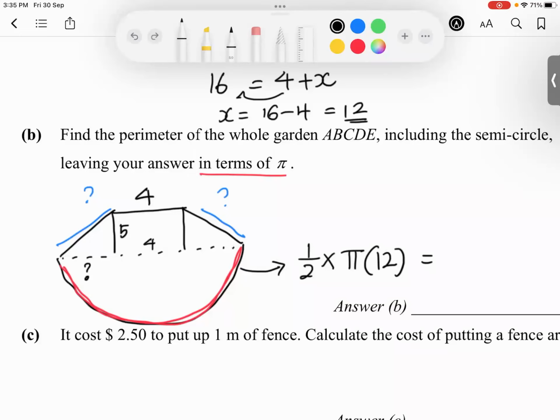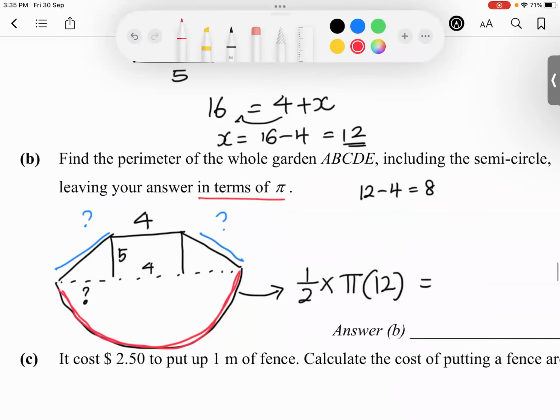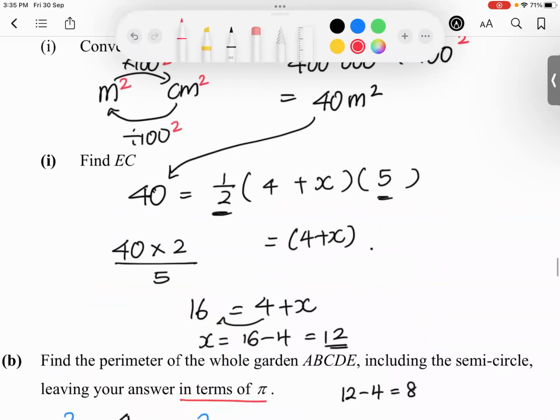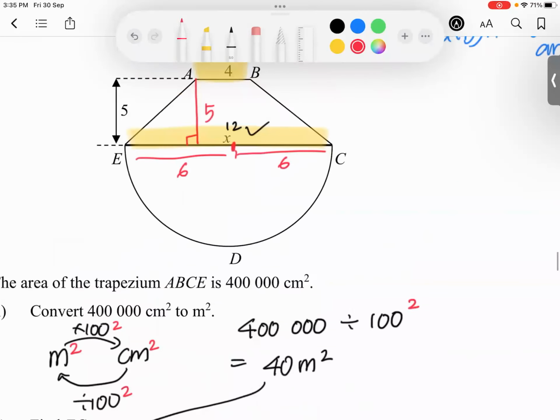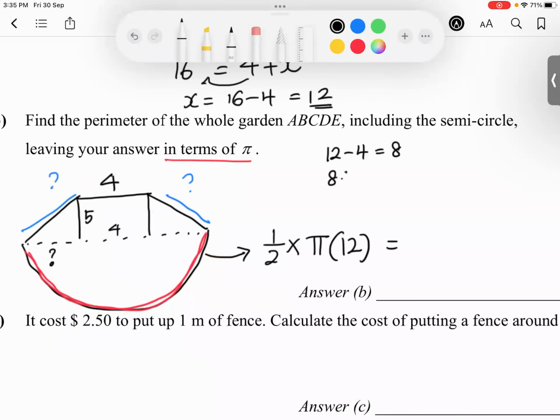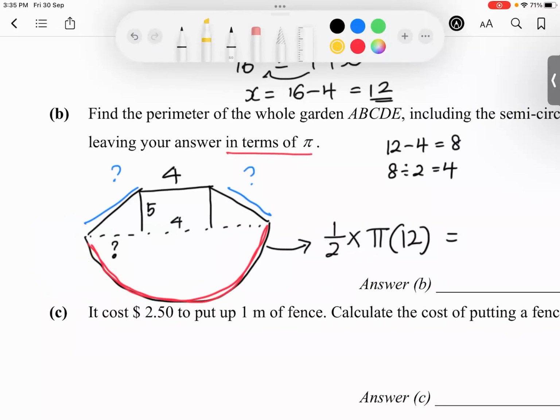So 12 minus 4 is 8. I divide it equally. Why do I need to divide it equally? They say isosceles trapezium. So I take 8 divided by 2 gives me 4. That means this portion of my line over here is 4 meters.